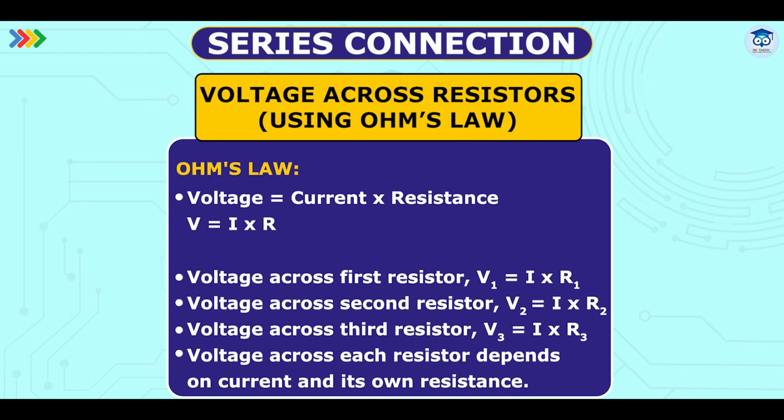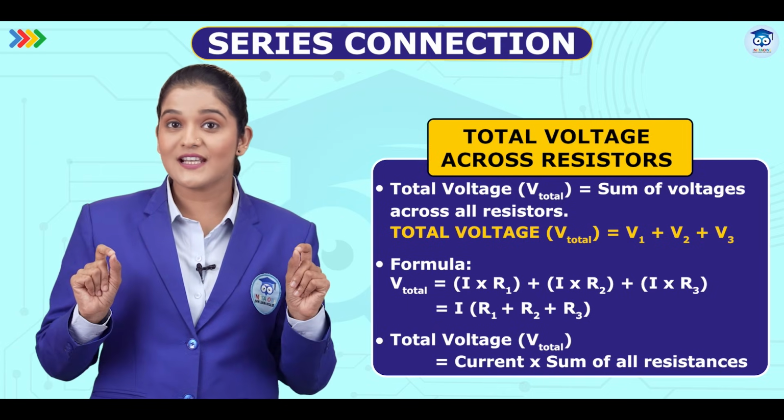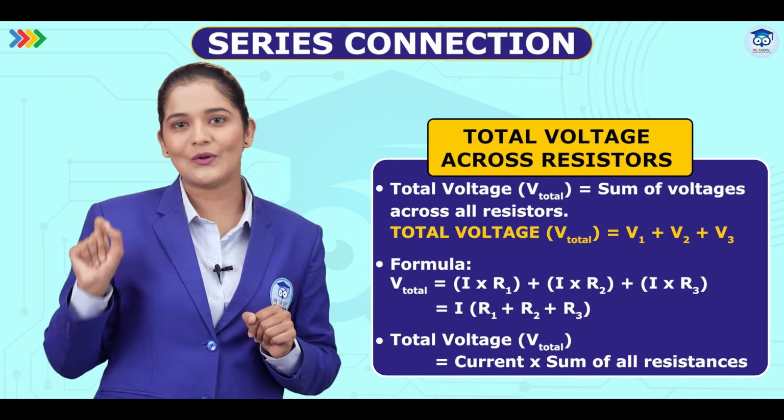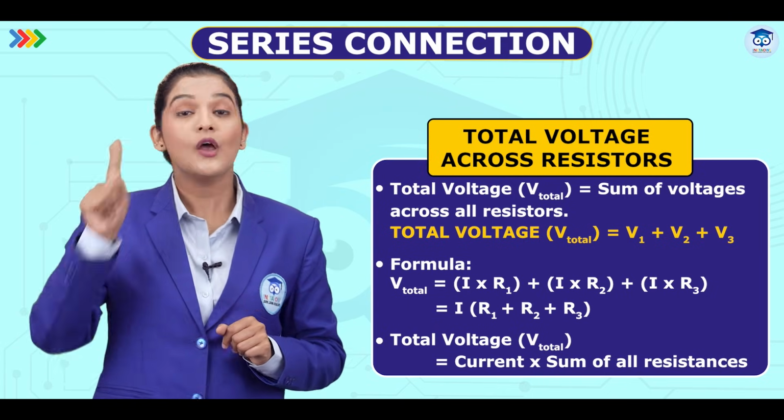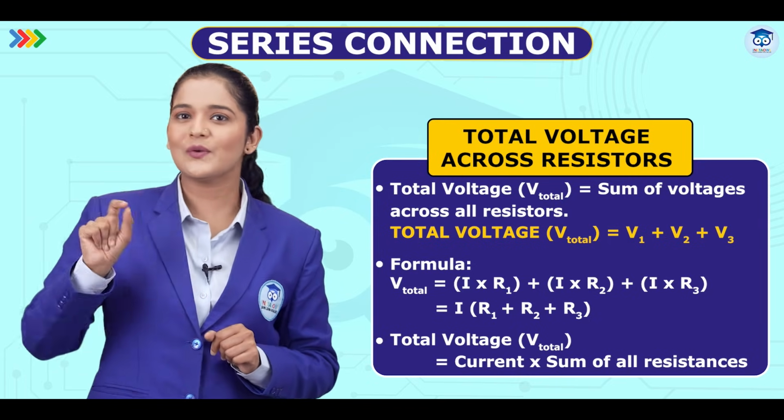Similarly, for the second resistor, V2 is equal to I times R2, and for the third resistor, V3 is equal to I times R3. Moving further, we substitute these expressions into our total voltage equation, which is V total equals V1 plus V2 plus V3.